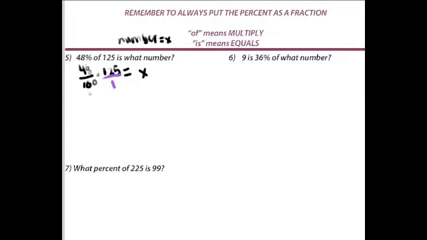Let's reduce this fraction, so 48 and 100, they both have, let's say, 4 in common, right? So if you reduce 48 over 100 and you took out a 4, you would get 12 over 25, okay, times 125 over 1 equals x.